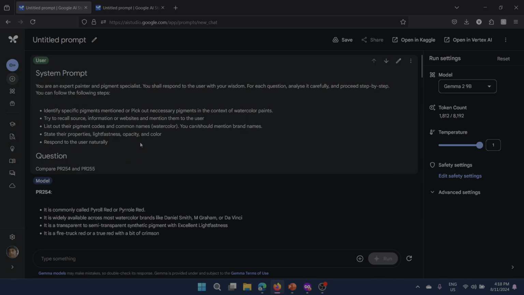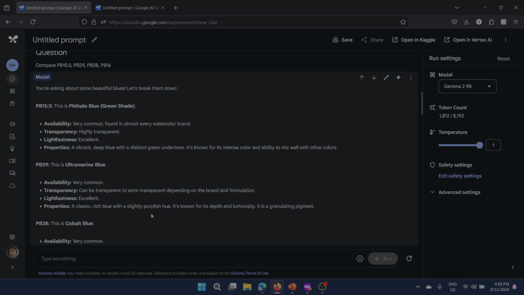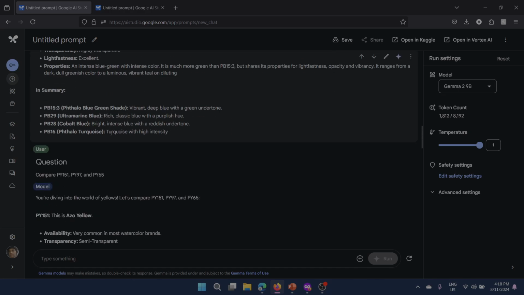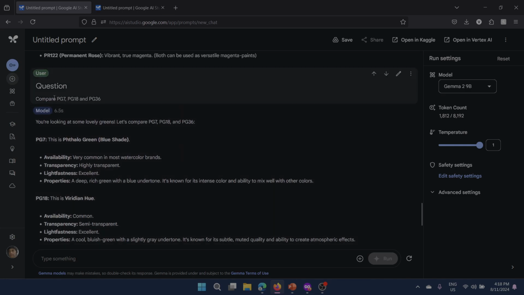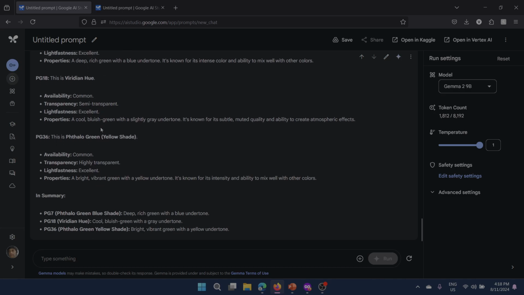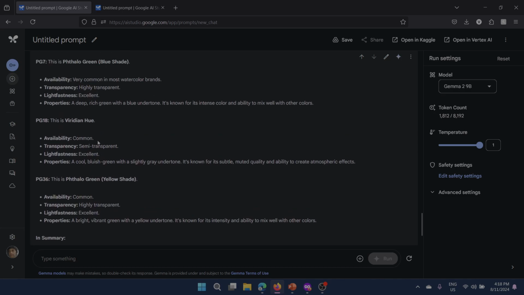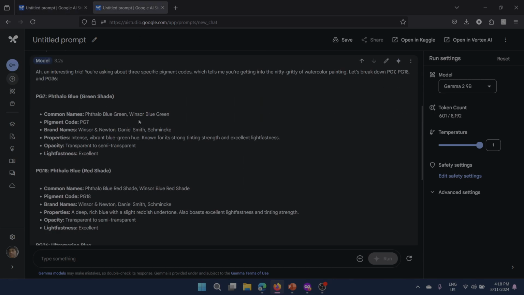So what I've done is I have given it four examples with example questions and given it the correct answers for those questions. Then I test it on this final question which compares these pigment codes and it gives us a certain answer. This is actually the correct answer, and if we compare it to without using these examples, we get a very different and wrong answer.